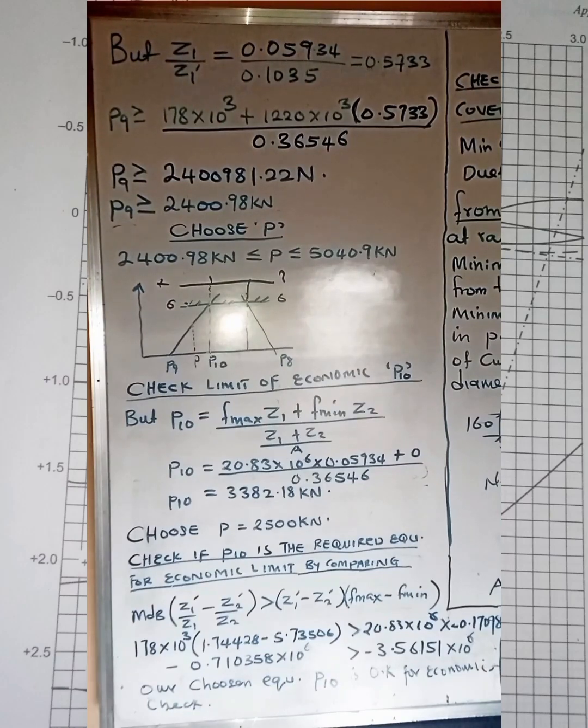If this condition is okay and is so, our equation 10 chosen as the economic limit of pre-stressing force is okay for us. All right, so from the design, you can see that equation 10 is the right equation to choose for the economic limit of pre-stressing force, and that translates to 3,382.18 kilonewton as the limit.